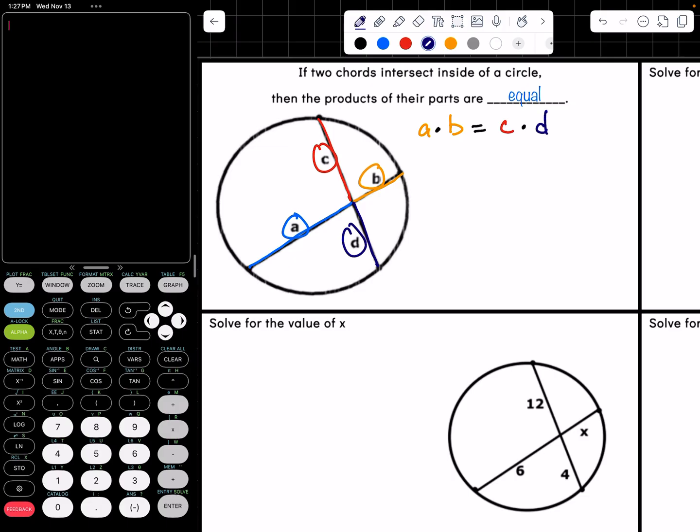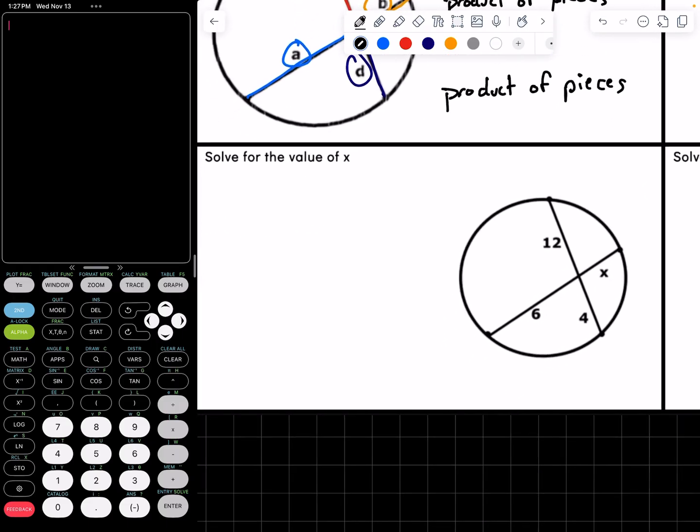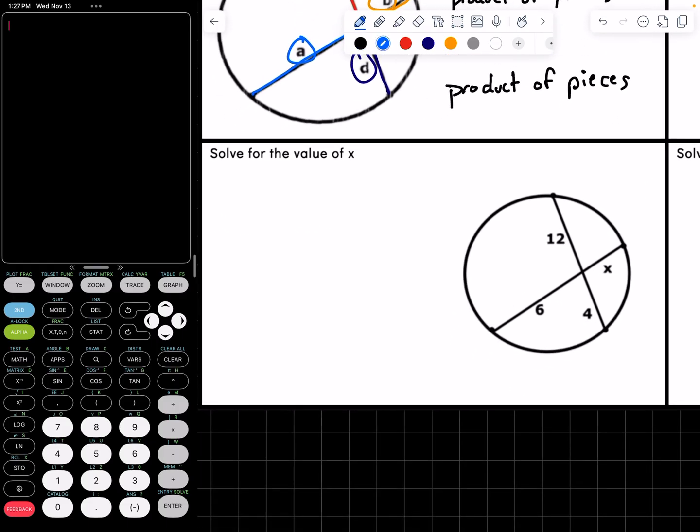We're saying the product of pieces of one chord is going to equal the product of pieces from the other chord. So that's all I'm really doing. We can use some examples to kind of help us get an idea of what we're actually doing here.